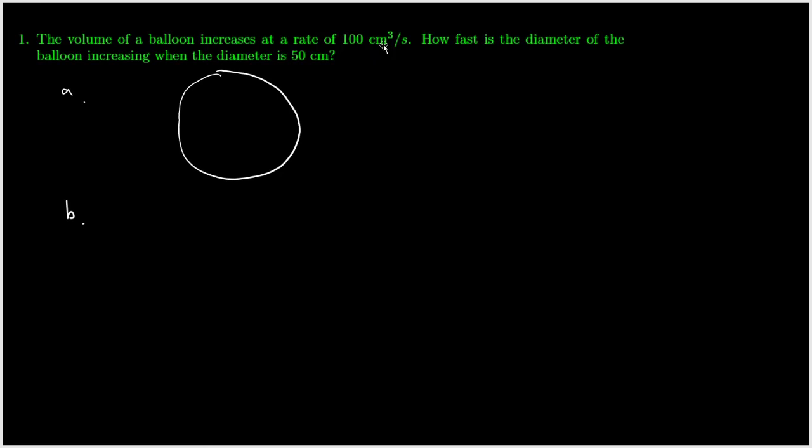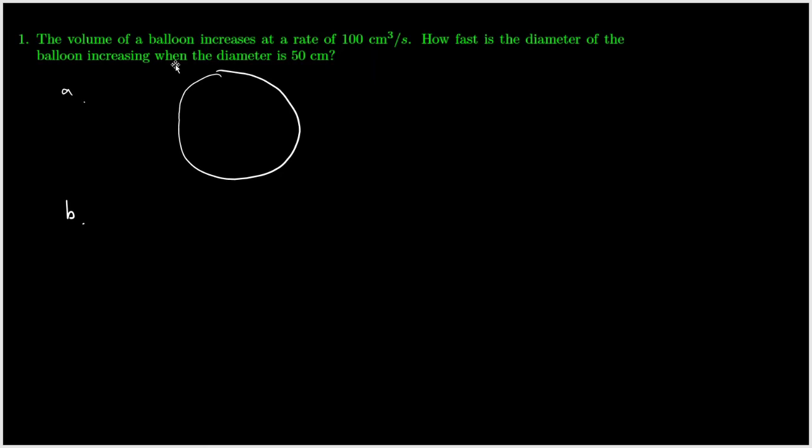And then for which quantity are we looking for the rate of change? We are given the volume increases at a rate of 100 cubic centimeters per second. It has to be in cubic centimeters per second, right? And then for what quantity are we looking for the rate of change? You read the question. The question is how fast the diameter of the balloon is increasing. For the diameter. Yeah, that's right.